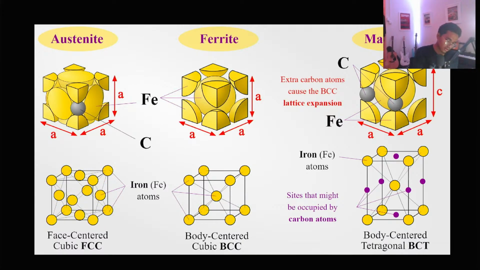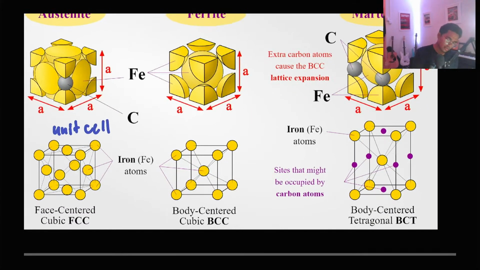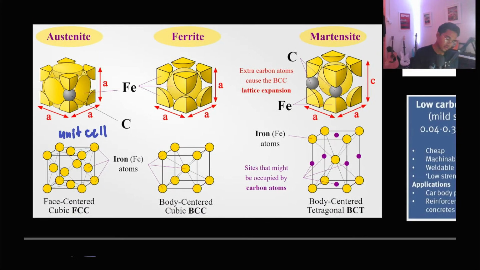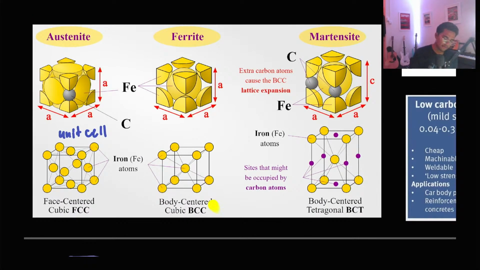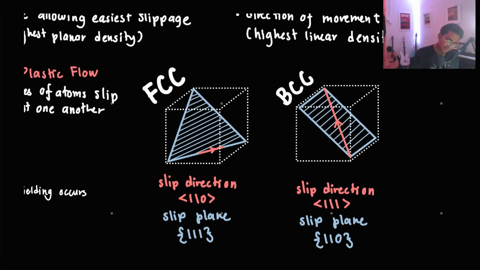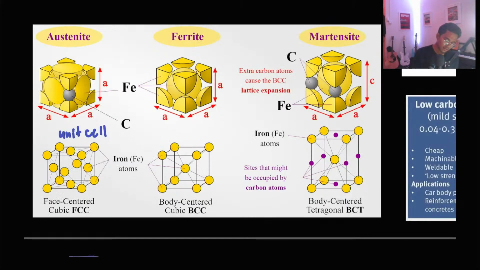This is what we call a unit cell. But for BCC, you only have 9 atoms in one unit cell. So that is the difference between the body-centered BCC and FCC, and they also have different slip planes and slip directions.